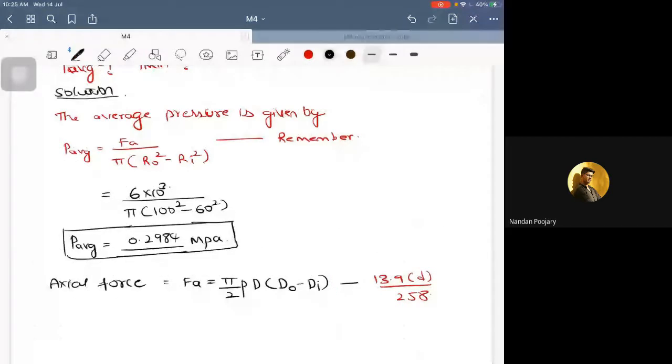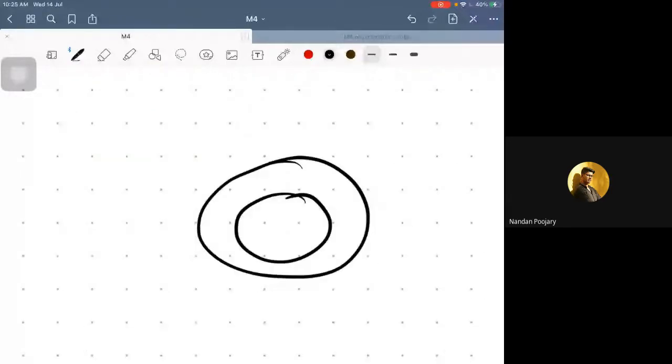Okay. And this particular expression is used to calculate the axial force wherever required. Suppose your clutch plate is something like this. So this is your clutch plate. Generally, what happens, I'll just clear the concepts here.